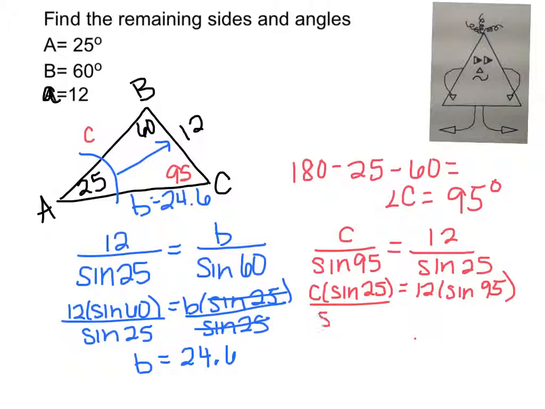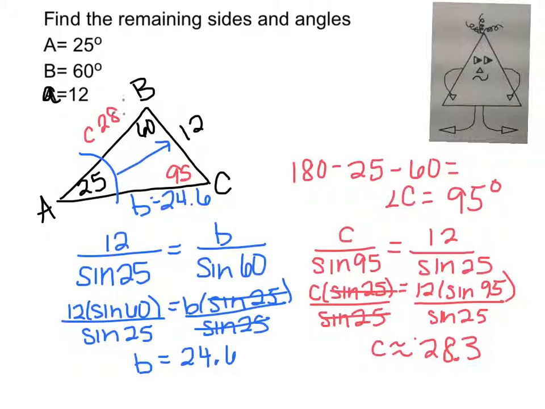Divide both sides by the sine of 25. That will cancel, and putting this into my calculator, making sure my mode is in degrees, I get side c is approximately 28.3. So this length here is 28.3.